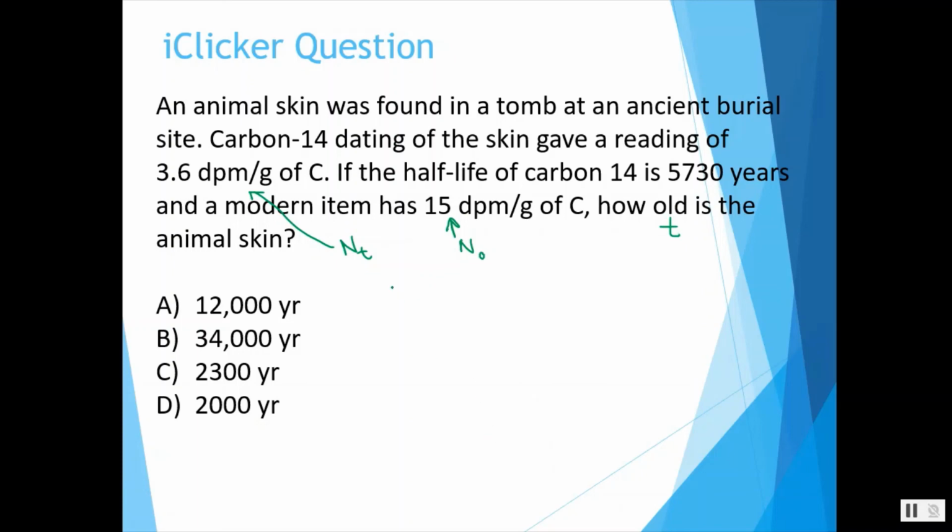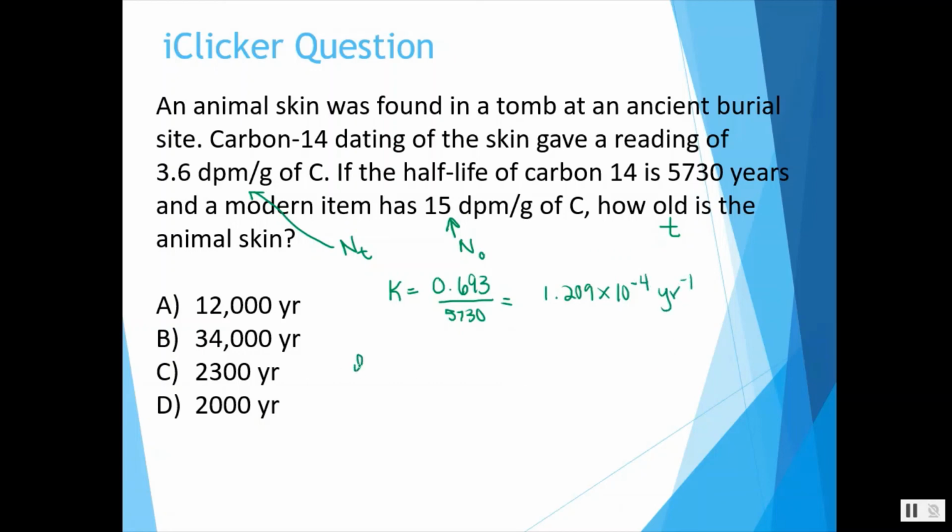So again, to calculate our rate constant, we take 0.693 and divide it by the half-life, which for carbon 14 is 5730 years. That's going to give us 1.209 times 10 to the minus fourth inverse years for our rate constant.